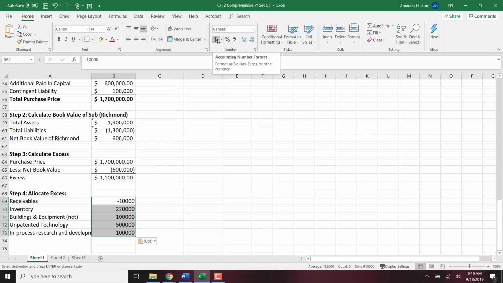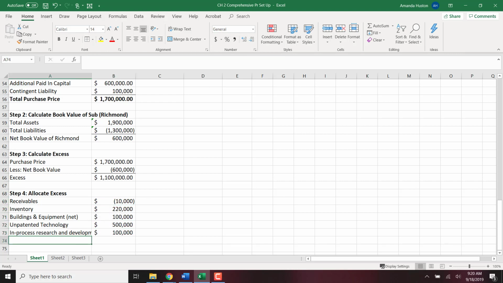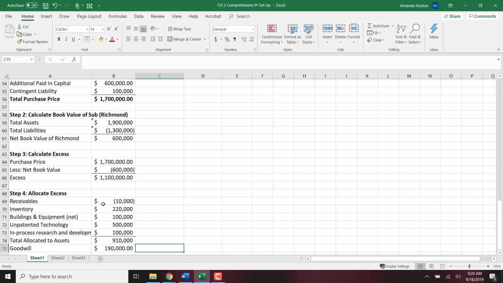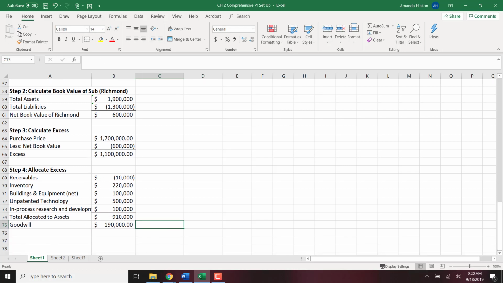Total allocated to assets equals, and then to calculate goodwill, it's our excess minus whatever we could allocate to assets that we could identify, assets and liabilities.